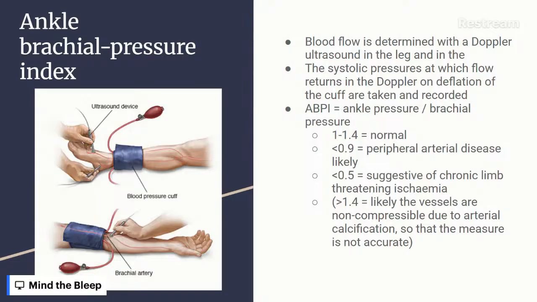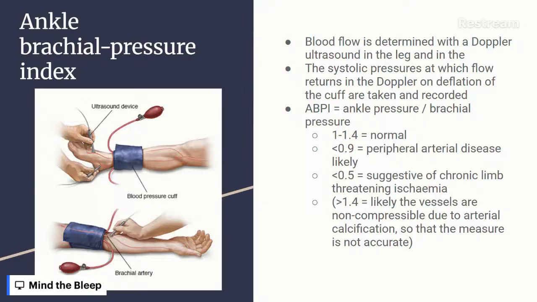So 1 to 1.4 is normal, less than 0.9, you're thinking, obviously, in conjunction with your history and examination, that peripheral arterial disease is quite likely. If you're going to less than 0.5, that's suggestive of, that should say critical limb-threatening ischemia.